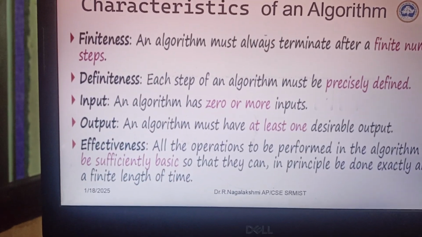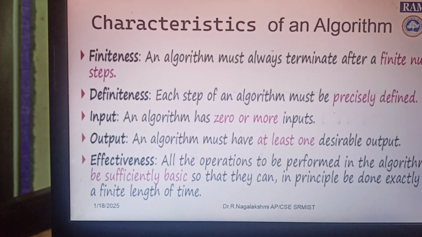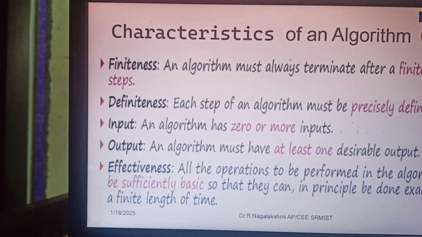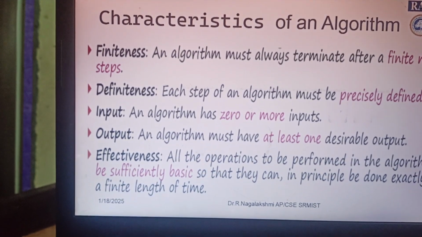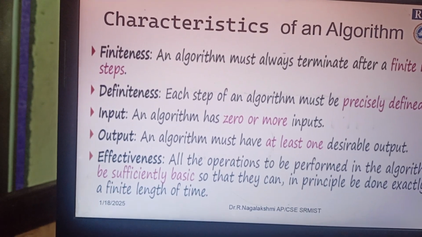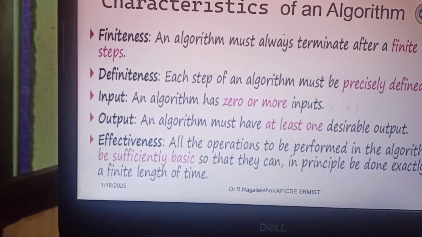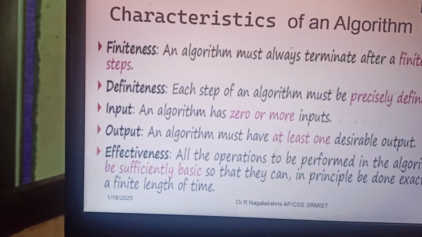Then finiteness: an algorithm should terminate, with a finite number of steps. Definiteness is that each step of the algorithm should be correct and clearly defined. Effectiveness: algorithm operations should be performed well, and it should give exact results.